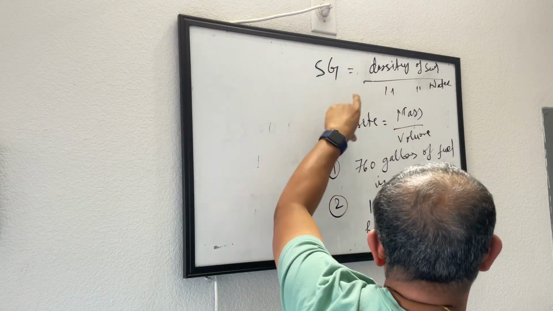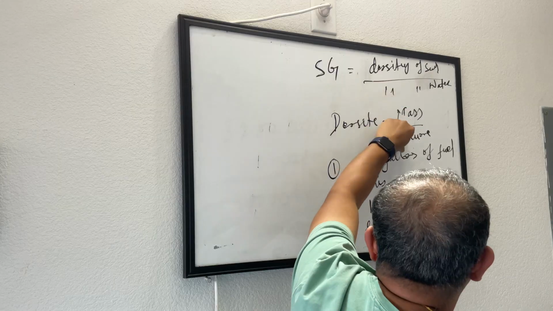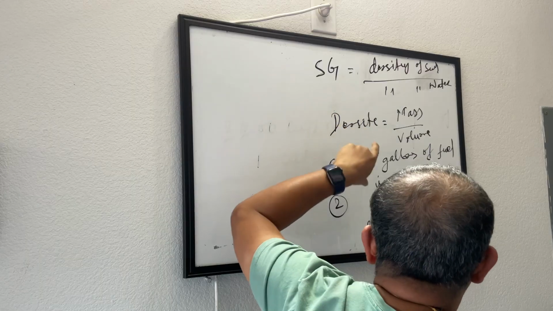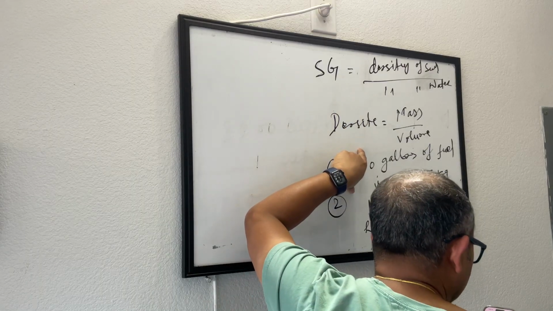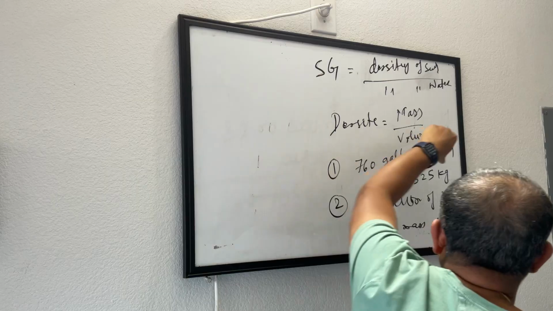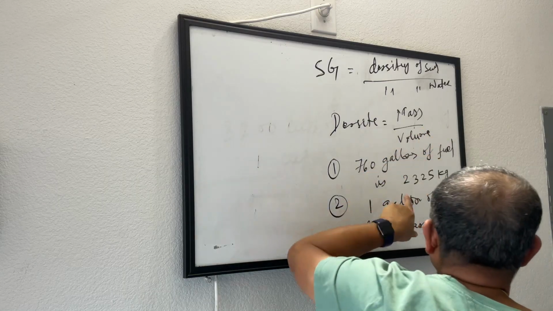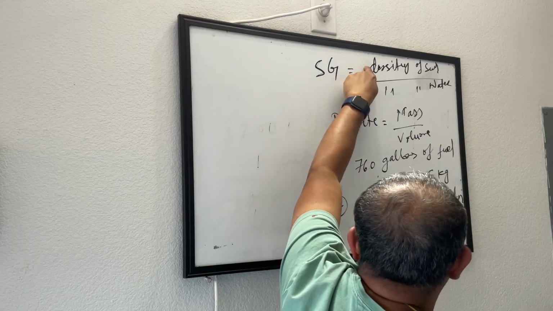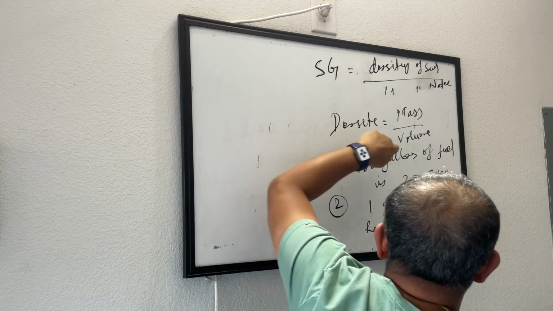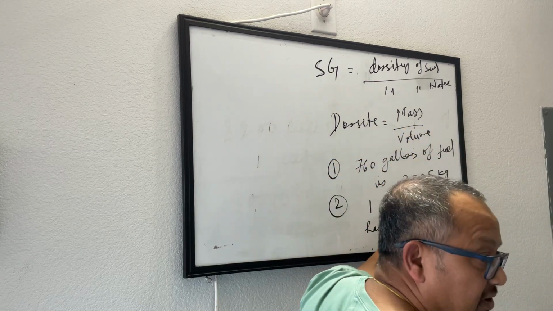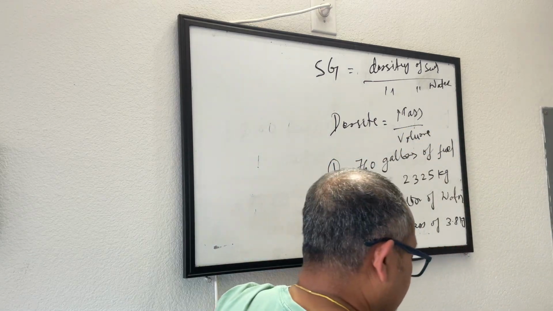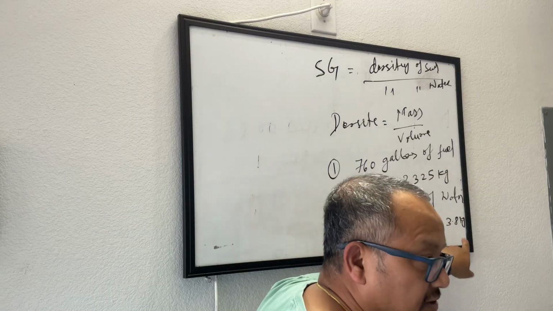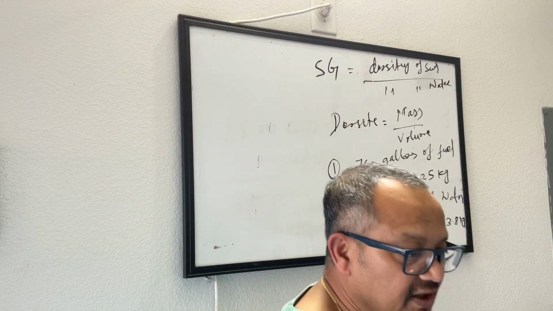So if you know any substance's mass and volume, you divide mass by volume and you get its density. It says the mass of 700 gallons of jet fuel is 2325 kilograms. So this is the guy we're talking about, jet fuel. 700 gallons of fuel is weighing this many kilograms. And a single gallon of water has a mass of 3.8 kilogram. Find out the specific gravity of the jet fuel.